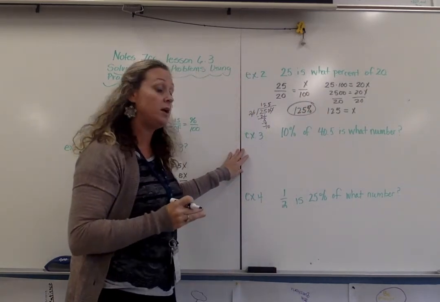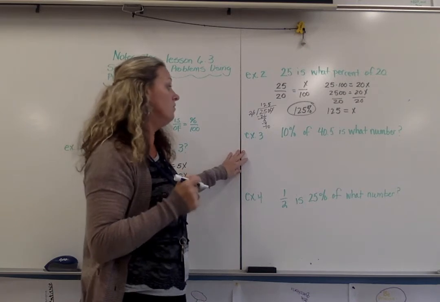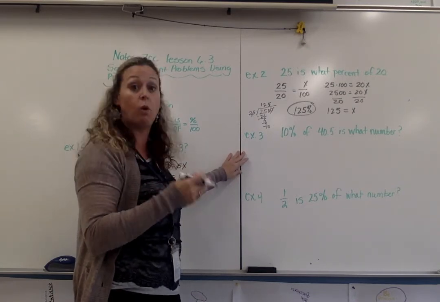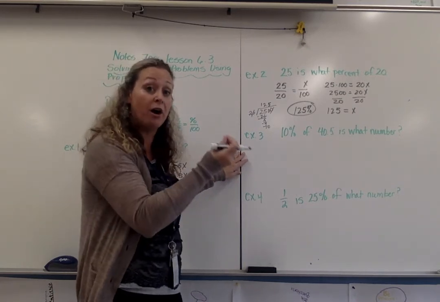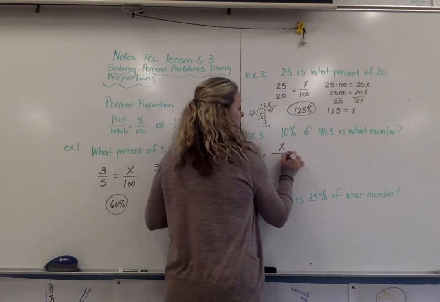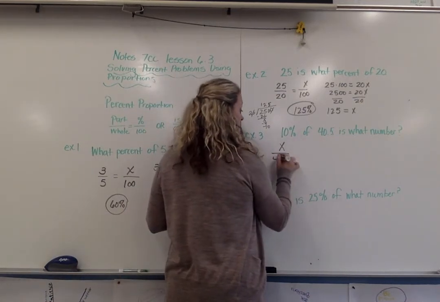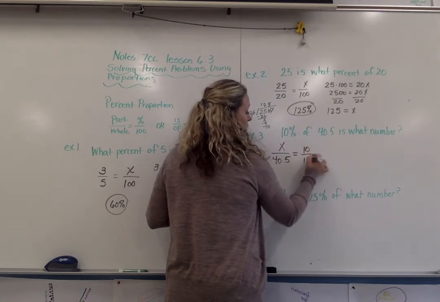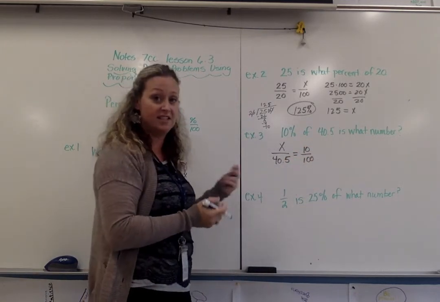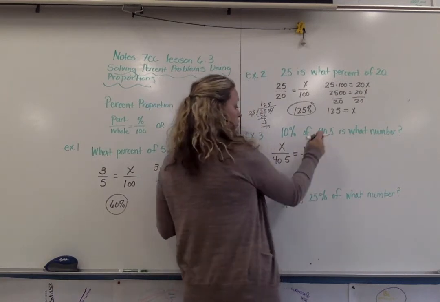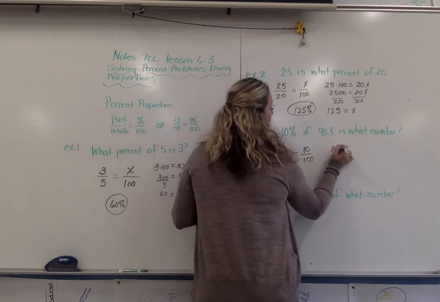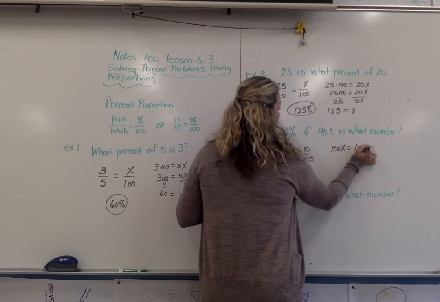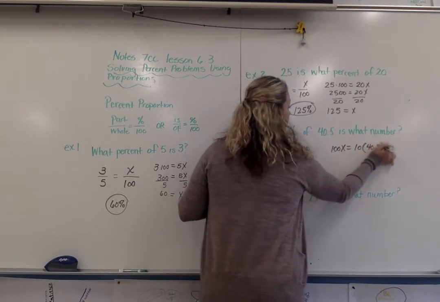In example 3, I want 10% of 40.5 is what number? I'm looking for the part. They give me the whole, or the of. They gave me the percent over 100. I then set up an equation. The cross products are equivalent. 100x equals 10 times 40.5.